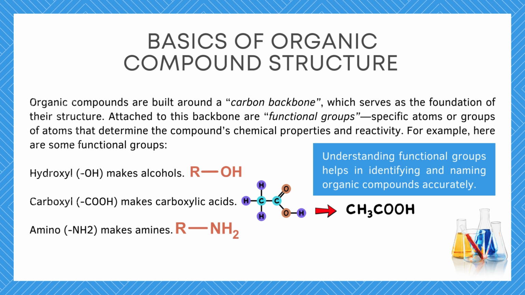Now, attached to this backbone are something we call functional groups. Functional groups are specific atoms or groups of atoms that determine the compound's chemical properties and reactivity. For example, we have hydroxyl. Hydroxyl is also called the alcohol functional group.